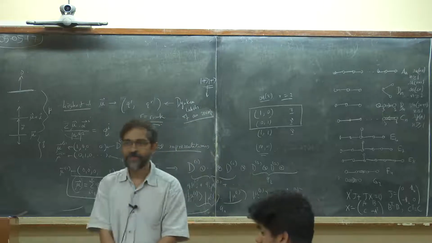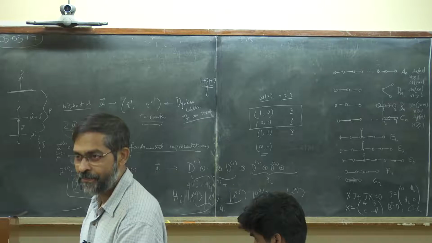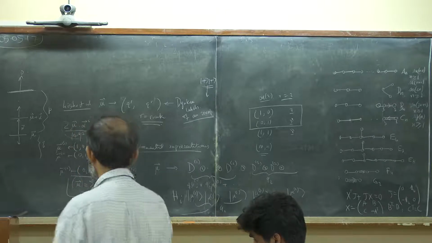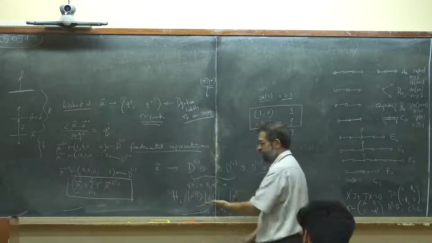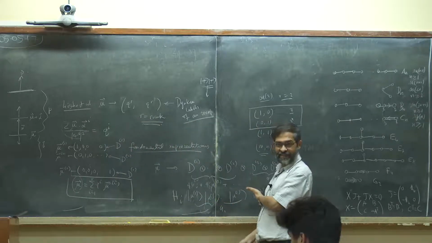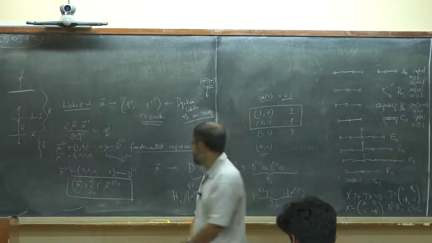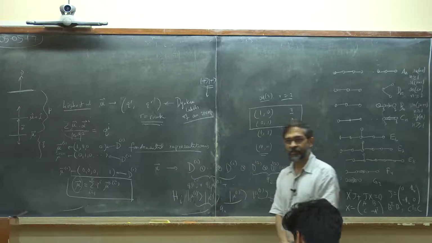Yes. Because you are applying the Cartan subalgebra generator H_i, that will always generate a simple weight. No, this only says that this has a weight. This only says that this is an eigenvector of the H_i. But it does not tell you that, see, his question is the following: I take this tensor product decomposition.